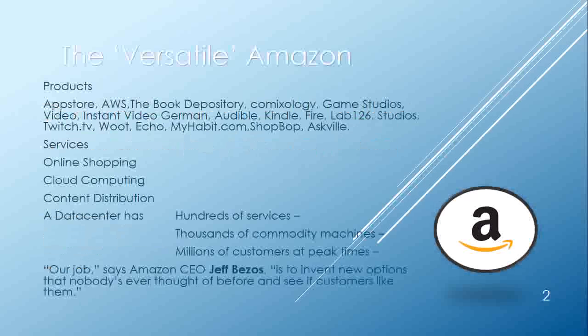Let's move on. The versatility of Amazon: as you all know, Amazon is worldwide. Its products, its services. You can see a list of products, the App Store, AWS, and the services. It's online shopping, as you all know, the Amazon.com website which sells crores and crores of products online.